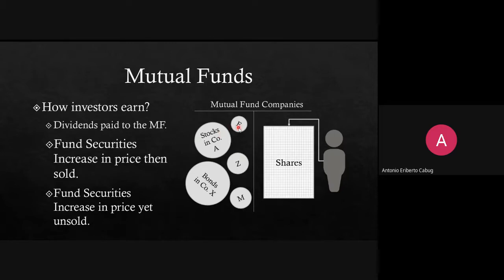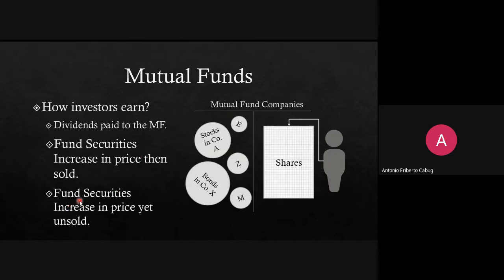Okay, mas mataas yung nabenta kesa yung binili. Fund securities increase in price and then sold. Mas mataas yung benta sa bili. The selling price is higher than the cost of purchasing it.